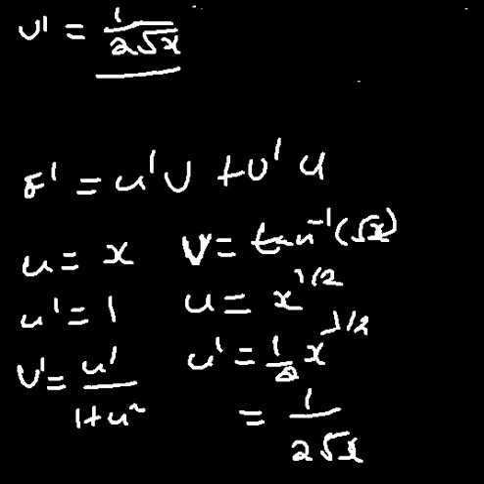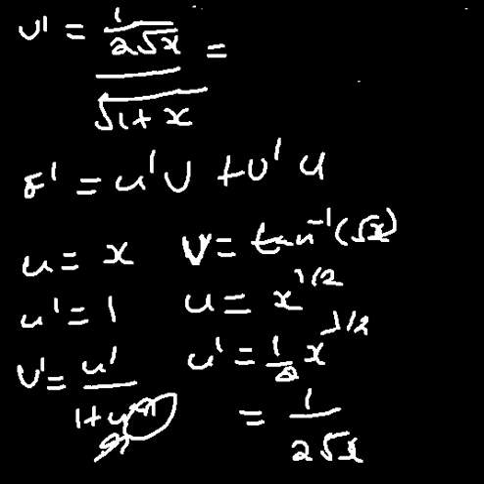So divide by the square root of 1 plus, what is the u? We have it as square root of x, and the square root of x we'll have to substitute here to the power 2, so we'll have it as x.